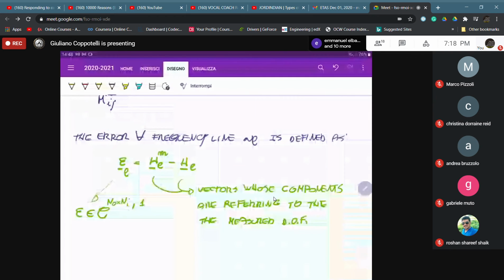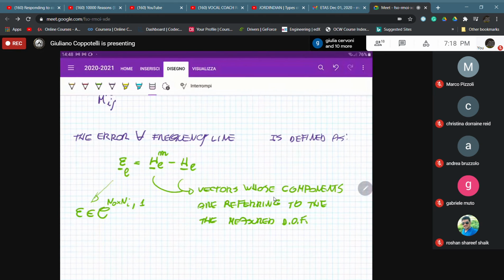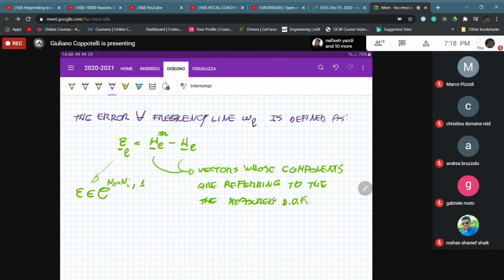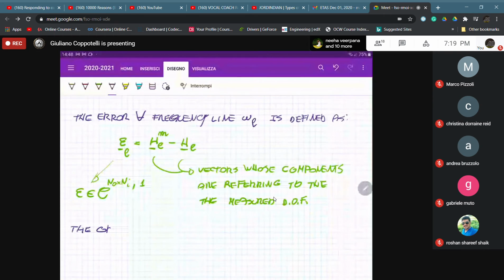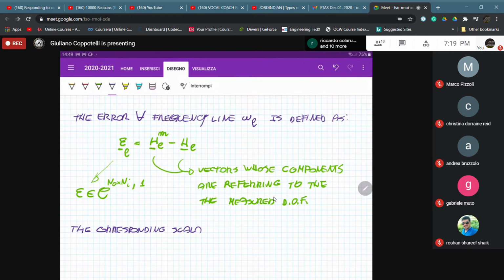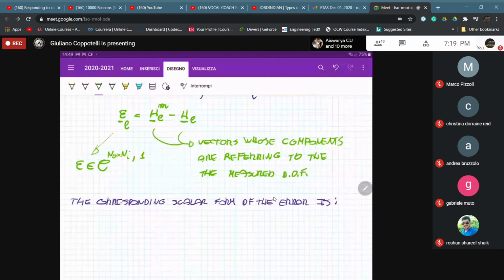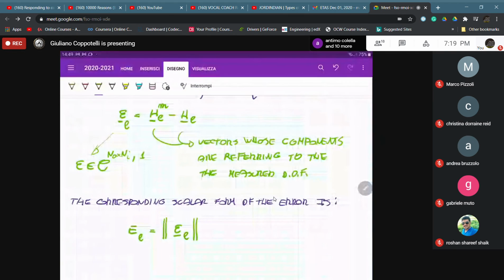Therefore, because we have a vector representing the error at that frequency line omega_L, we can evaluate a scalar form of that error. The corresponding scalar form of the error is capital E_L, that is whatever norm of the previous error vector epsilon_L, for example, norm 2.